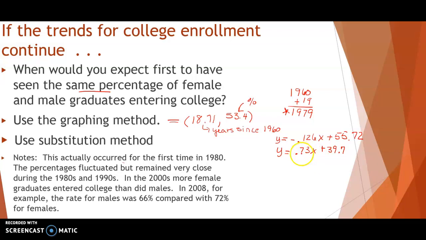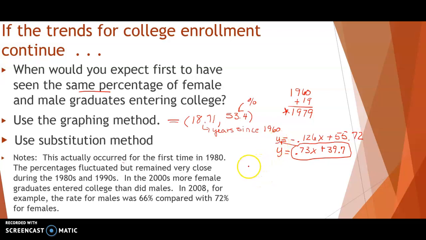So when we do substitution method, we replace a variable with a formula for it. So in this first equation, I have a y all by itself, and the second equation tells me that y is equivalent to or equal to this formula. So I'm going to take this formula and substitute it into my first equation.